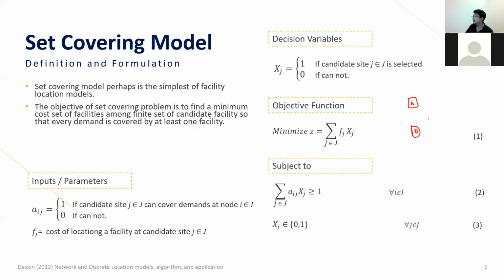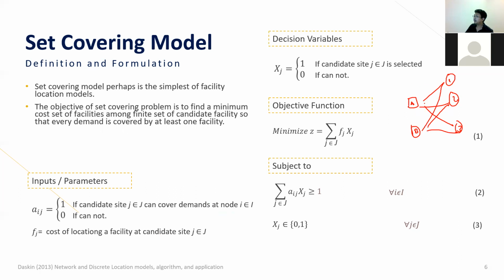A and B. Here, demand 1, demand 2, demand 3. Okay. Let's assume that all is connected and all Aij is equal to 1.